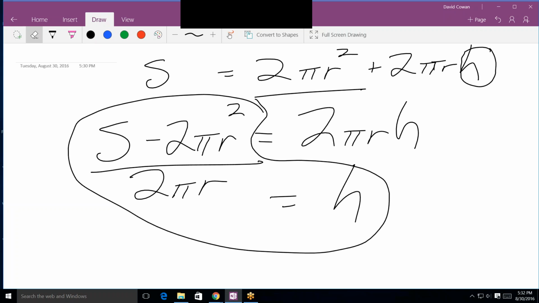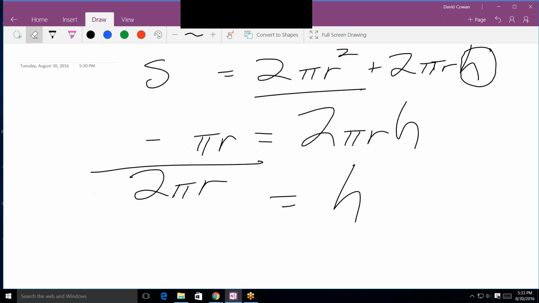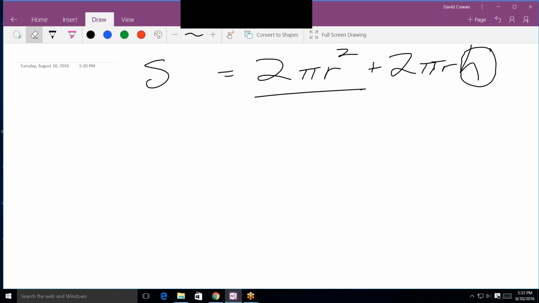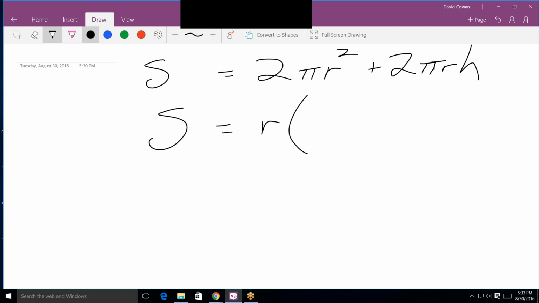Okay? Now, let me make this problem a little harder. Solve it for r instead. Your first step now. S equals r, and then in parentheses. Because you're going to factor the r, both sides have it. S equals r, and then parentheses 2 pi r squared plus 2 pi rh.